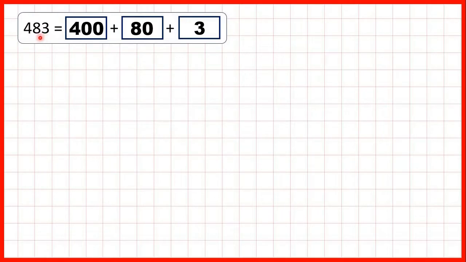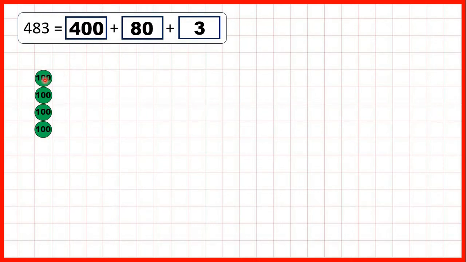Now, instead of using base 10 blocks, we can represent numbers in a different way. So we can use place value counters. So our first question, we had 483. So what we can do is show 4 hundreds counters, because if we have 4 hundreds counters, that gives us 400 altogether.